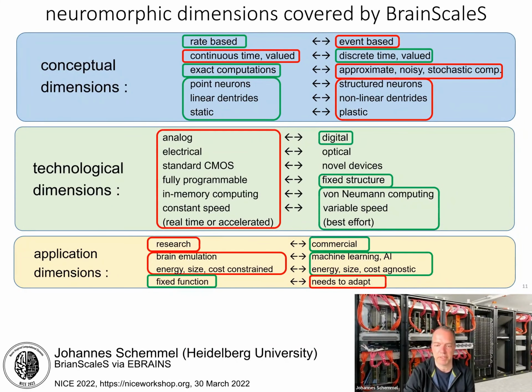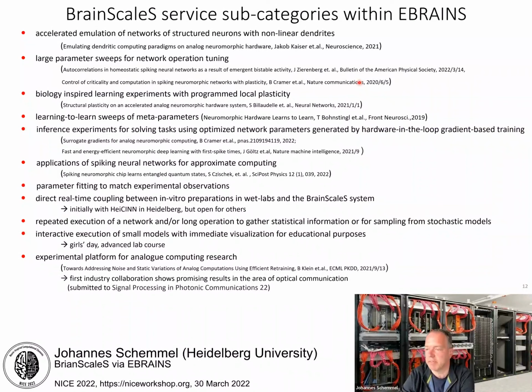EBRAINS is basically a software environment that the user sees in the first place. Behind that are the services, and the idea is that for the different kinds of target applications, the BrainScaleS services will have the necessary software to make the system easily accessible for the user.